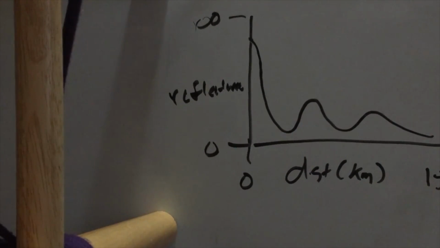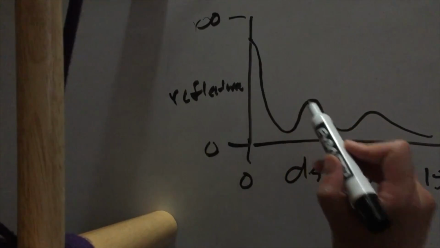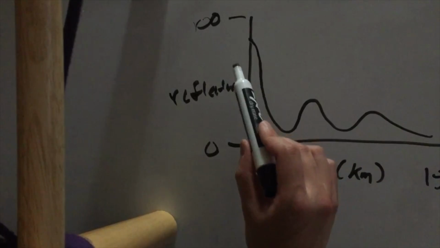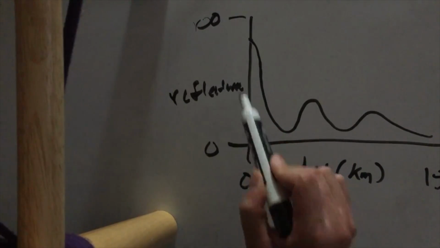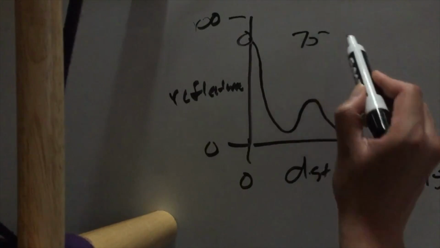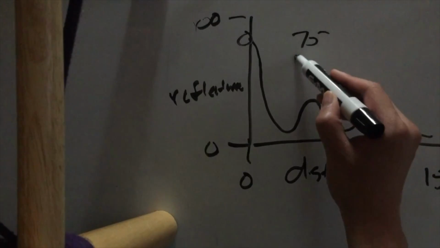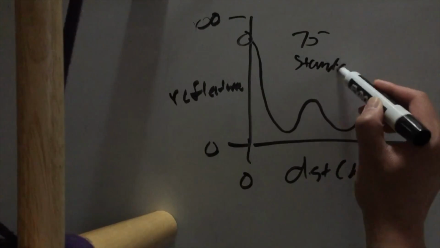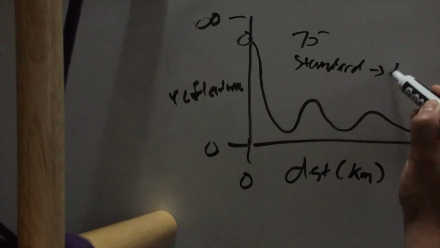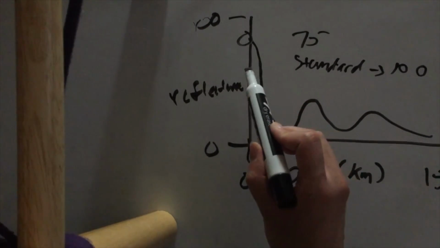The figure also tells us that the average reflectance at 0 kilometers is around 75. But the little footnote also tells us that it's compared to a standard that assumes a 100% value, or a reflectance value of 100.